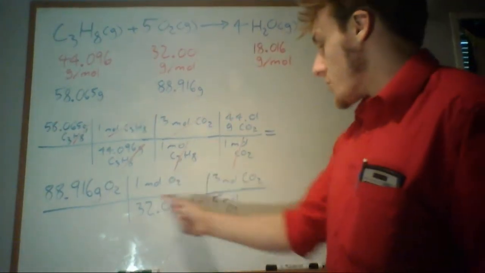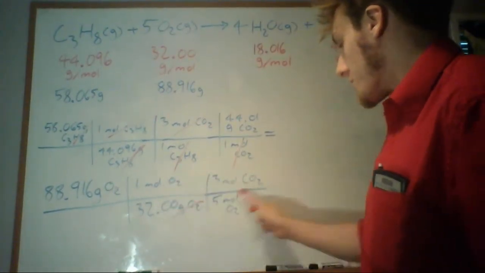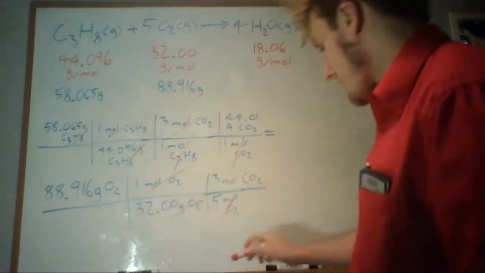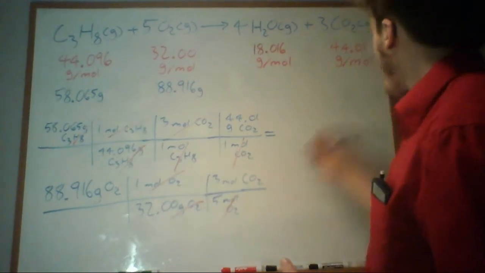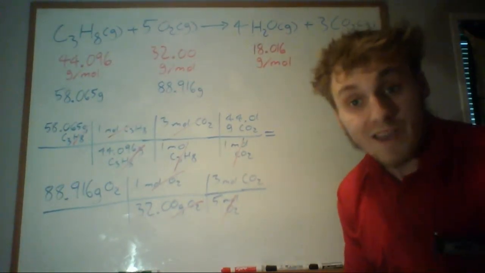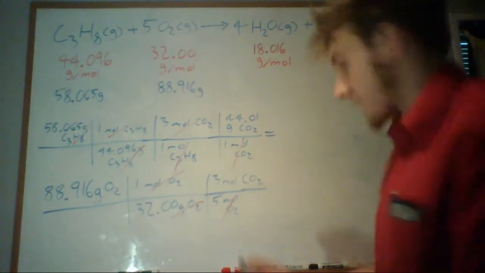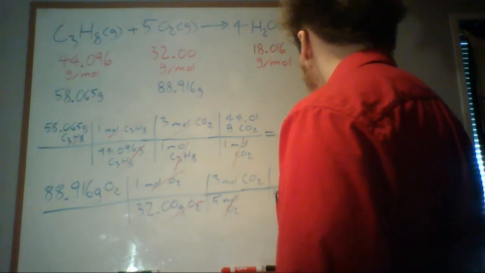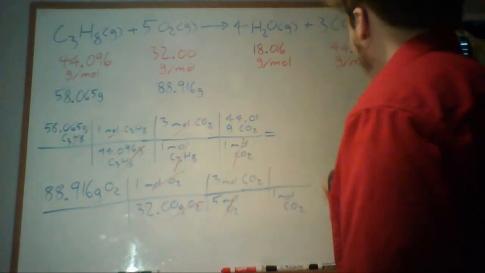We have moles of O2 in the numerator and in the denominator, so that will cancel out. Last step, we'll go from moles of CO2 to grams of CO2 using the molar mass of CO2 as a conversion factor.